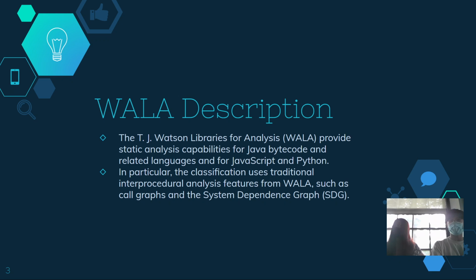And so in particular, the project uses classification or traditional analysis features such as call graphs and system dependence graphs. And that's Walla. And so now I'm going to move on to Project CodeNet.